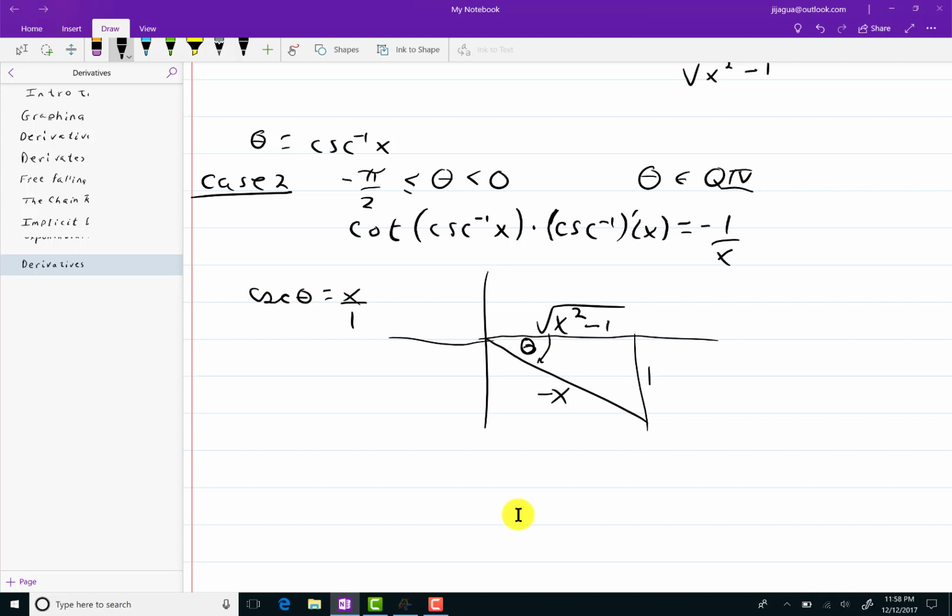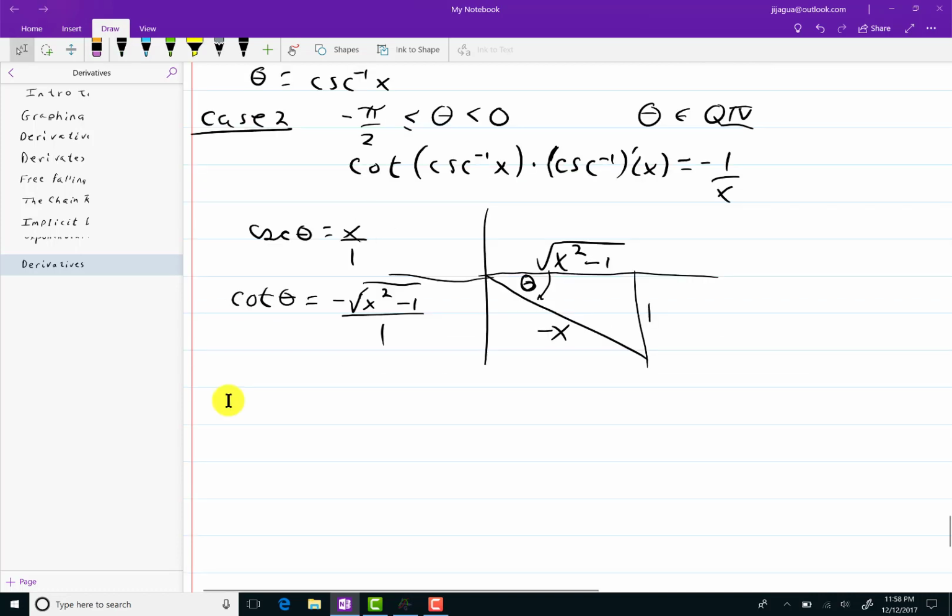Now when I do cotangent, keep in mind that cotangent of theta is also negative in this quadrant. It equals adjacent over opposite. However, it should be negative because cotangent is negative in that quadrant.